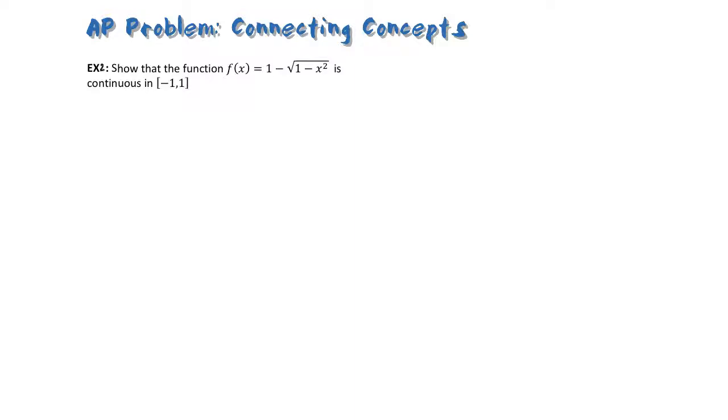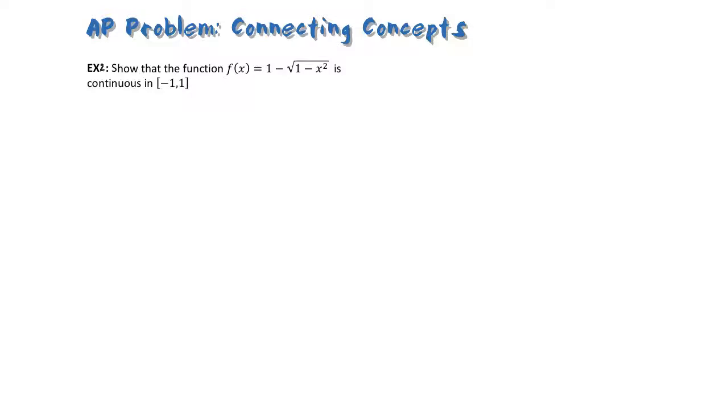So example 2 is asking us to show that the function f of x, which is equal to 1 minus the square root of 1 minus x squared, is continuous in the closed interval -1, 1. If you remember, you're going to have to go back now and remember some of the early definitions of continuity in a closed interval.